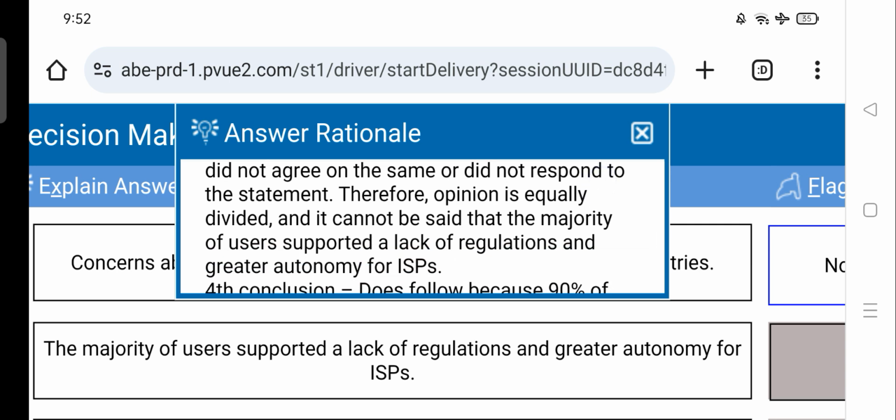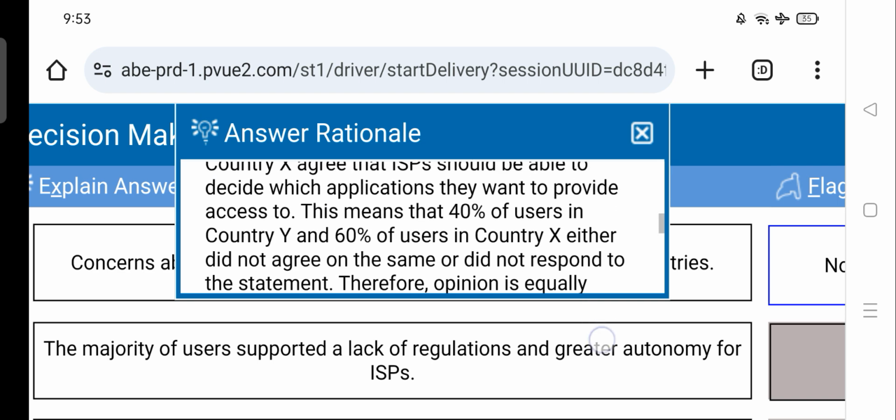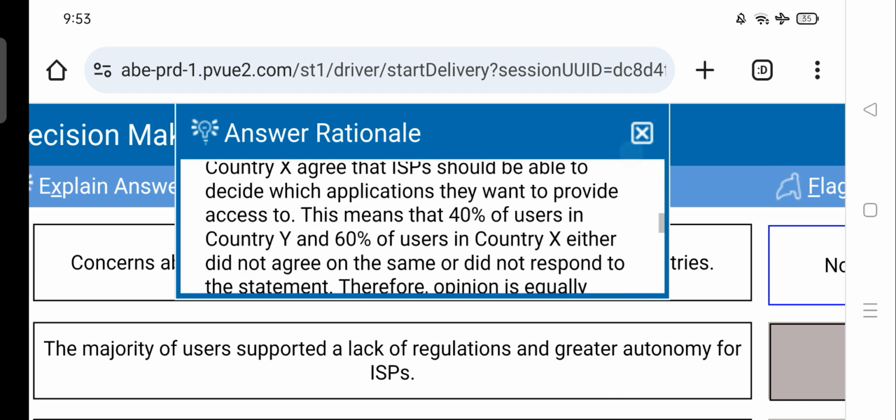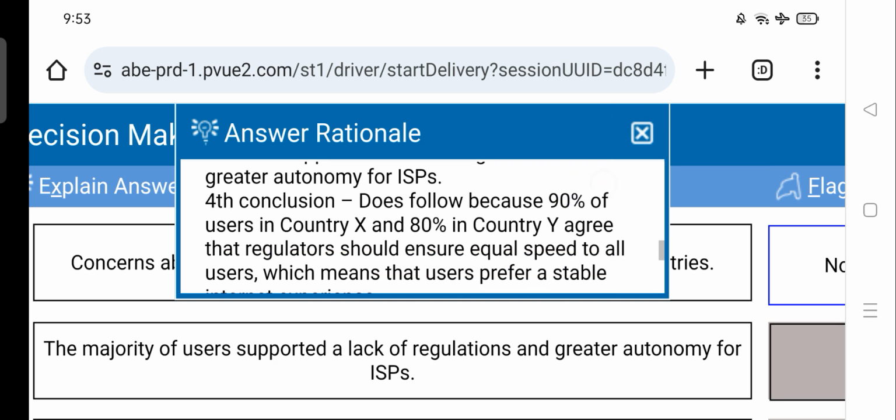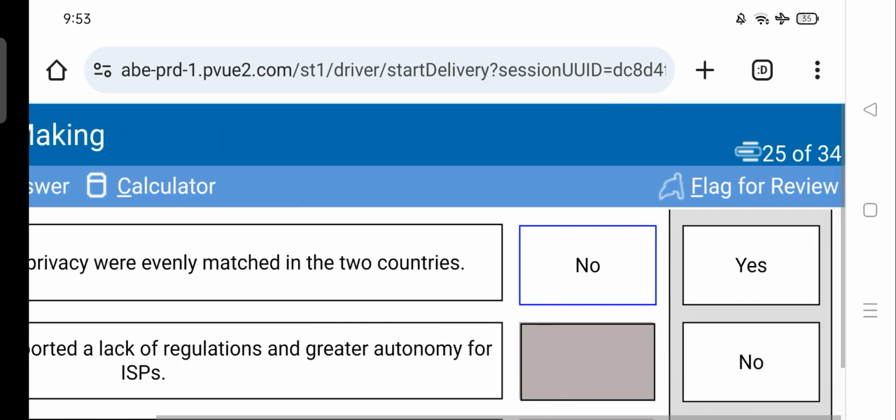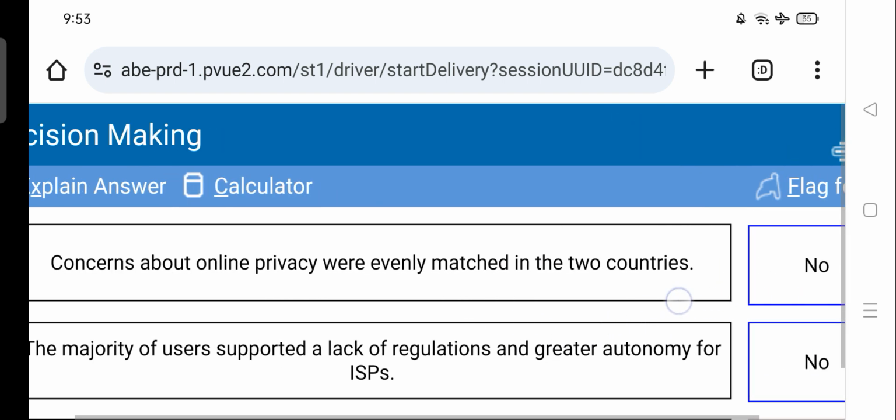Therefore, opinion is equally divided, and it cannot be said that the majority of users supported a lack of regulations and greater autonomy for ISPs. So the third conclusion does not follow. So that's why I will drag a no and drop it here.